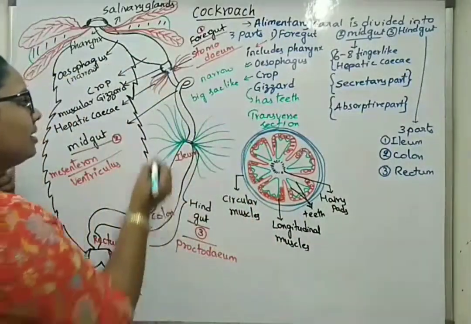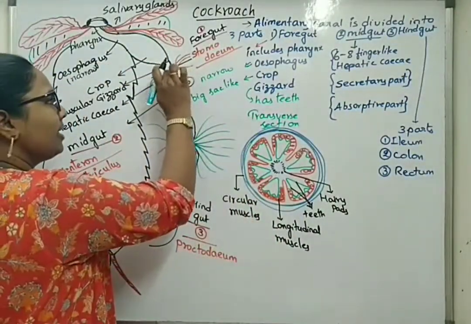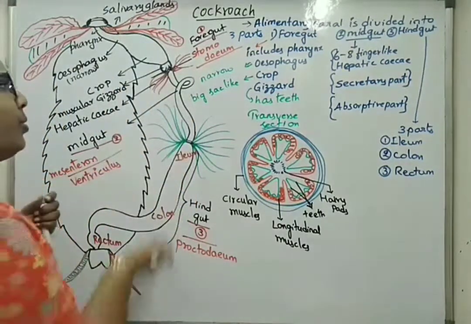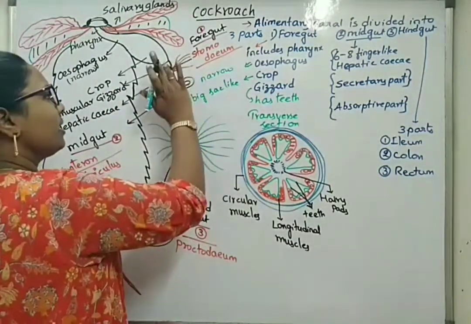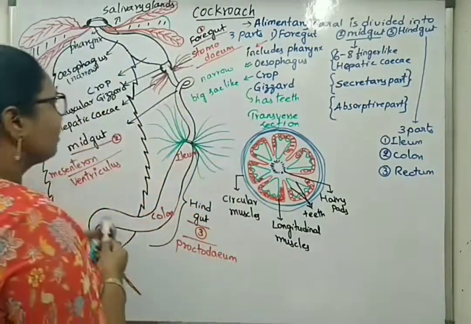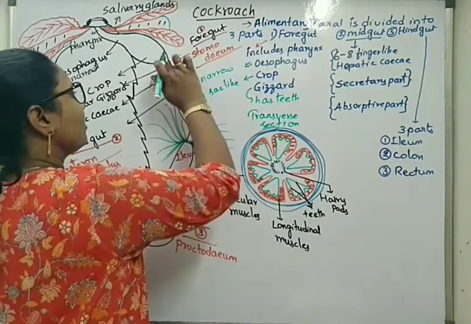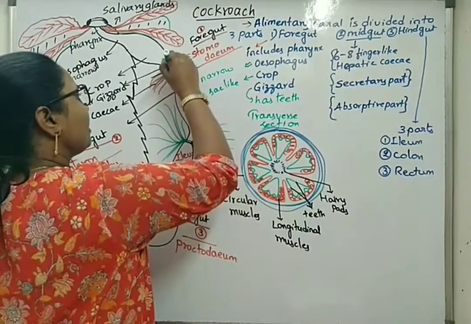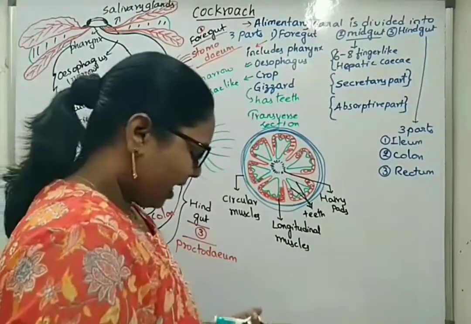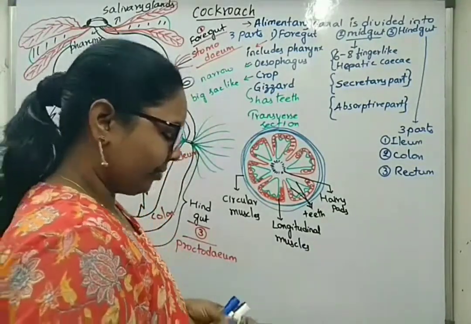These hairy-like structures are directed backwards towards the crop region. These have chitinous plates also.